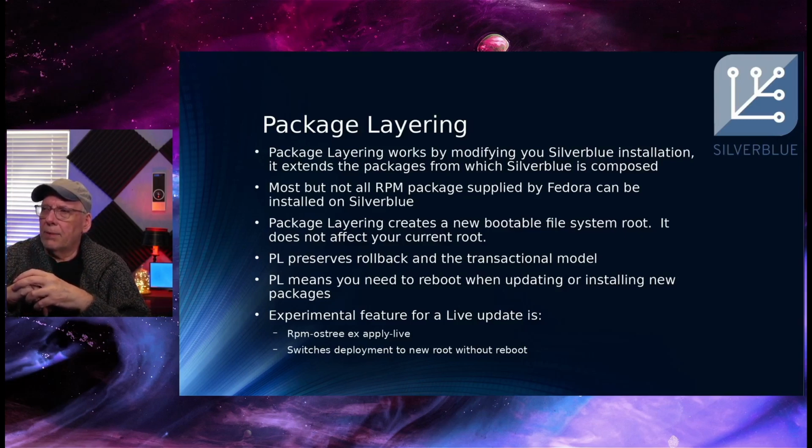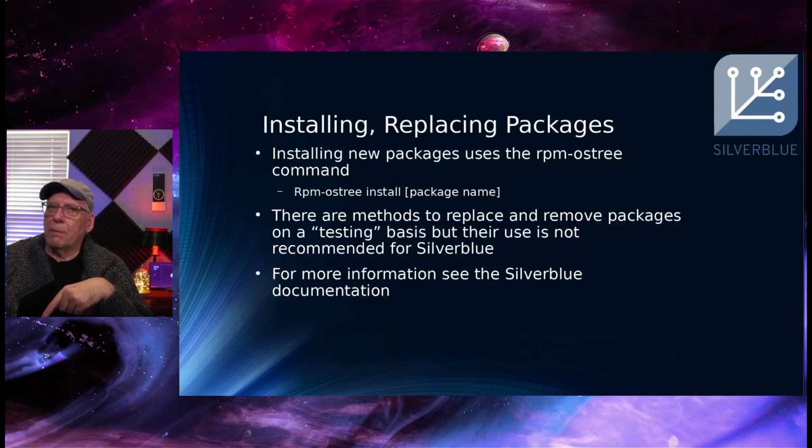So I can switch the deployment to a new root without a reboot. It's an experimental feature. They don't really expect you to use that very much. It's there for testing purposes and to be able to get things in quickly without having an intervening reboot. But it isn't meant to be used daily. So be warned about that.